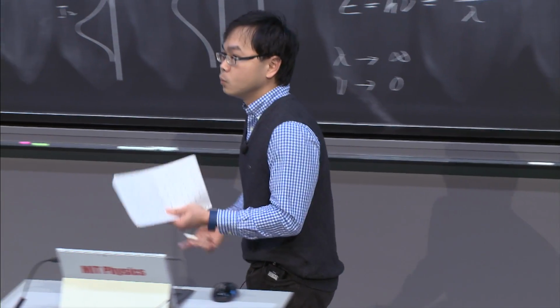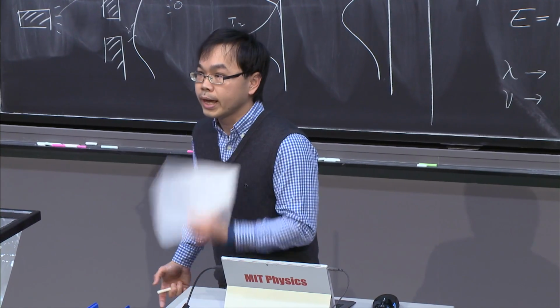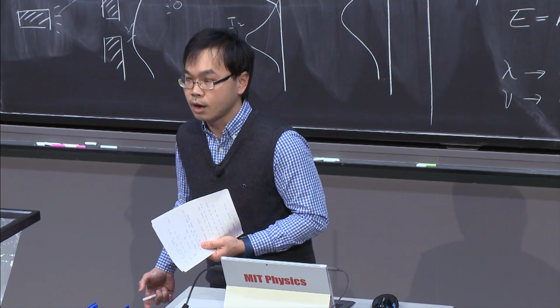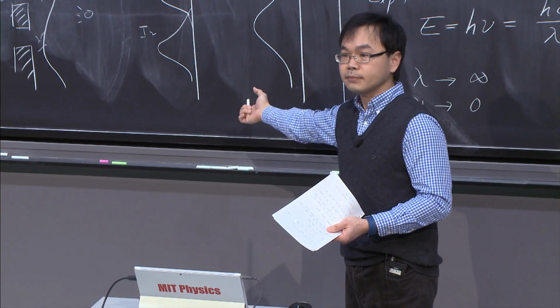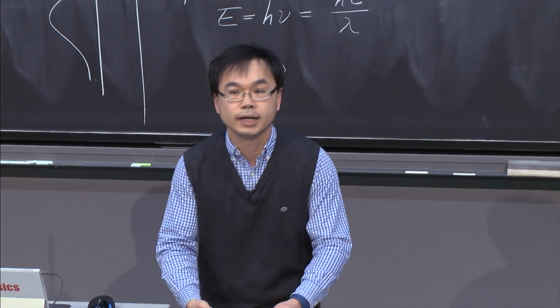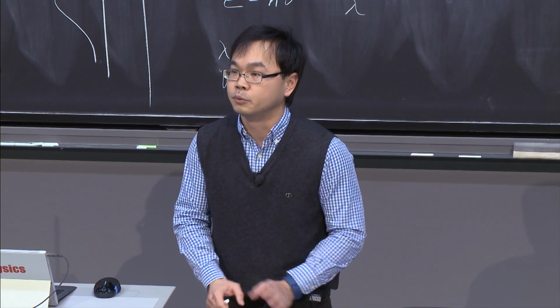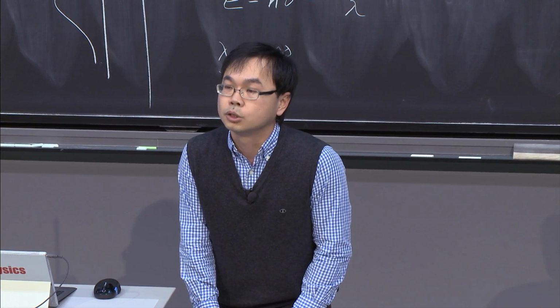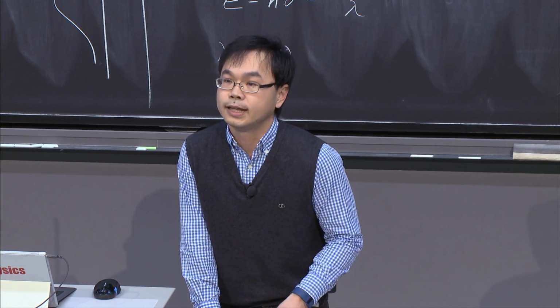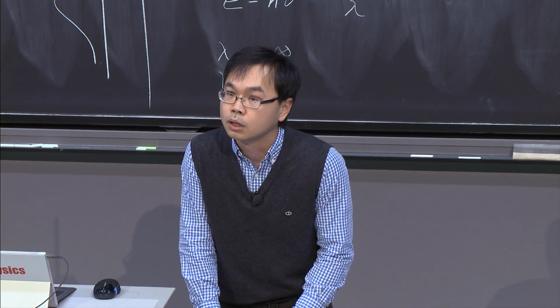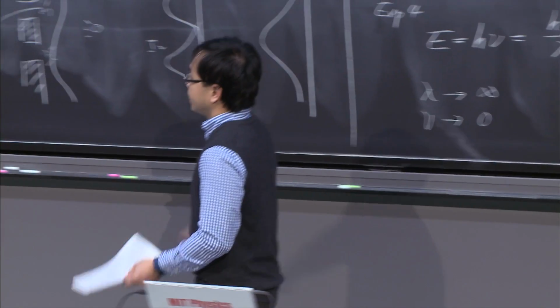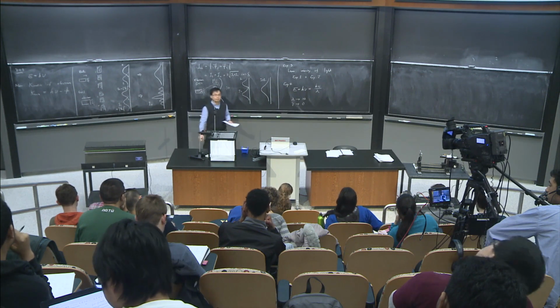Okay? If you were able to tell the position of the electron, then there will be no interference pattern. On the other hand, if your experimental setup has no ability at all to tell whether the electron is coming from slit number 1 or slit number 2, then you are going to get an interference pattern.